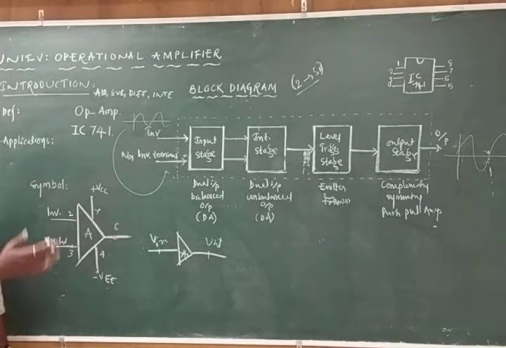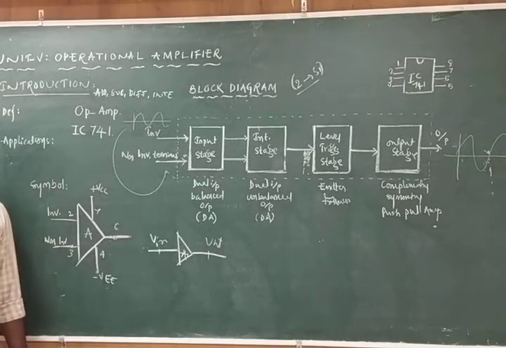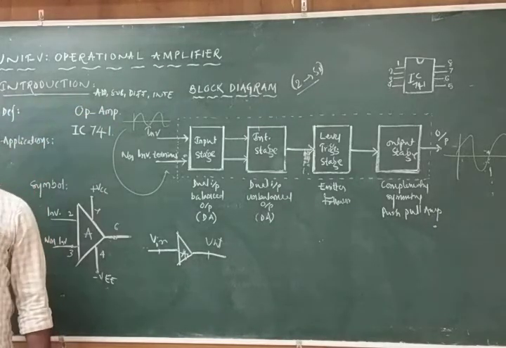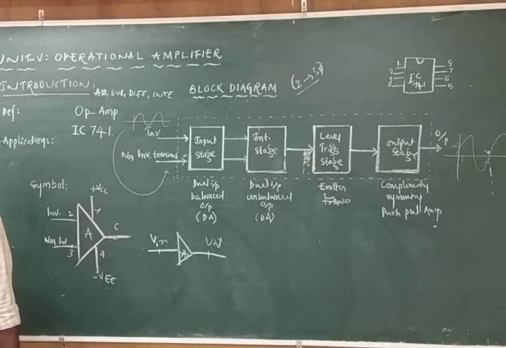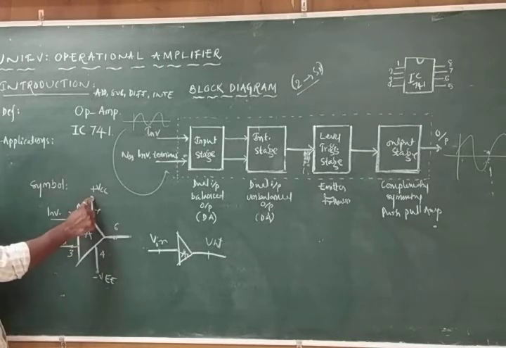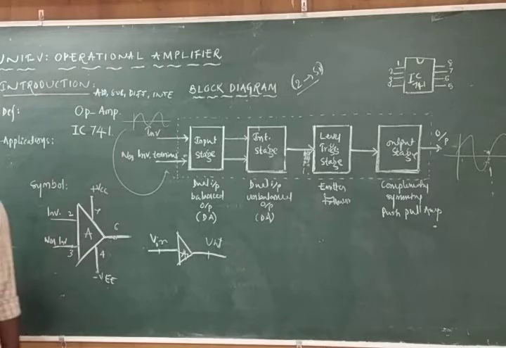Now this is an operational amplifier. We get this operational amplifier in an 8-pin integrated circuit. In which 2 pins are for the input, 2 pins for the power supply, and 1 pin is used for the output.